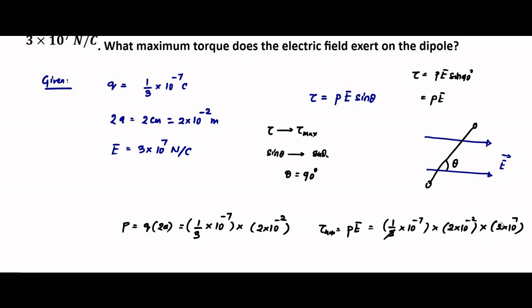Here 3 gets cancelled, 10 to the power minus 7 and 10 to the power 7 go, and we are only left with 2 into 10 to the power minus 2 Newton meter, that is 0.02 Newton meter. That is the maximum torque acting on the electric dipole.